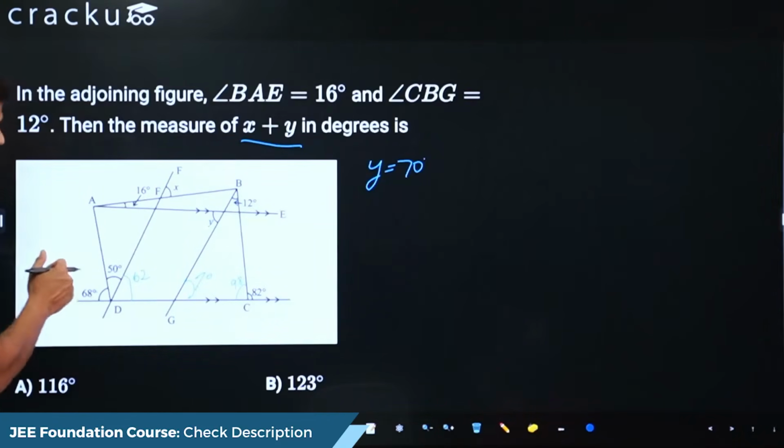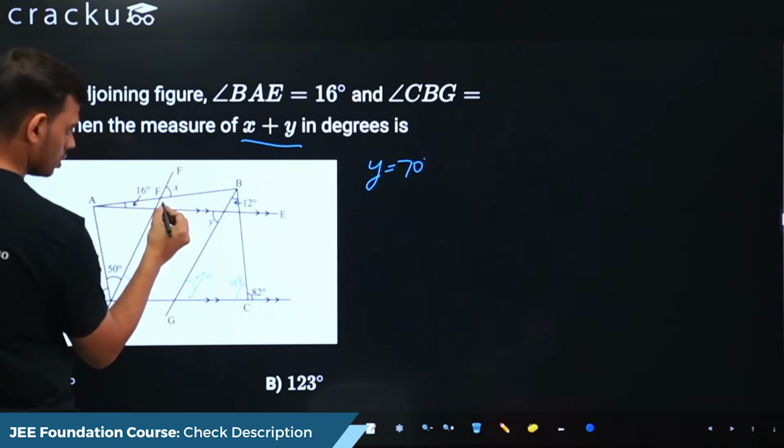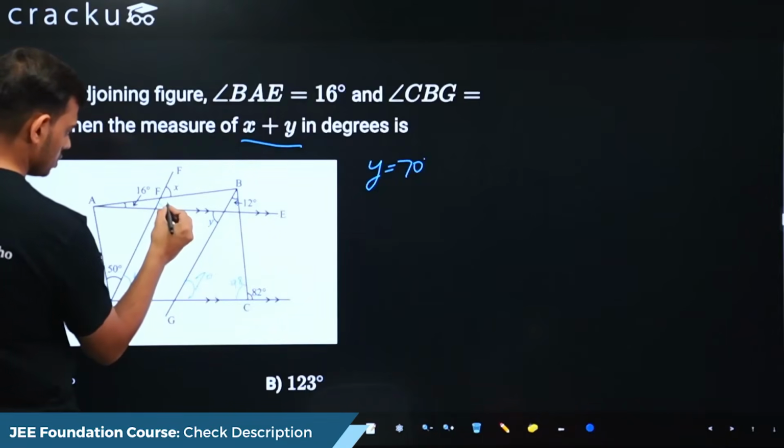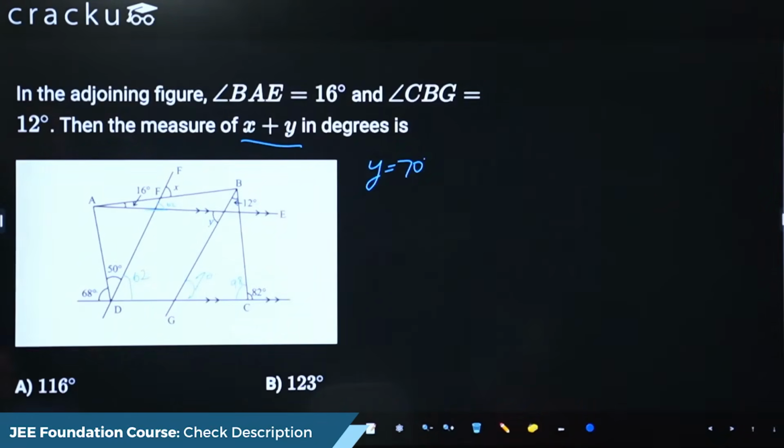If this is 62, then this will also be 62, because these two are parallel lines and this is a transversal.